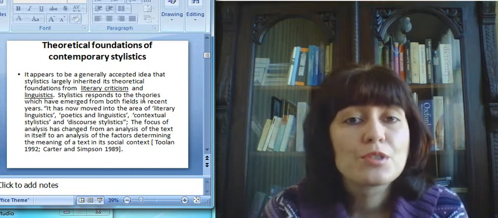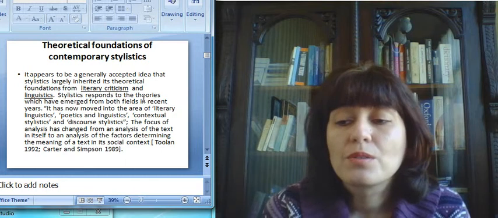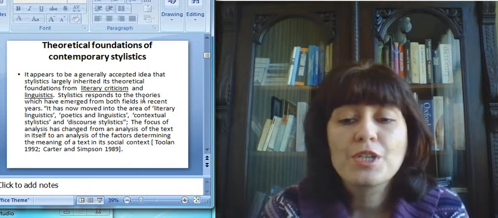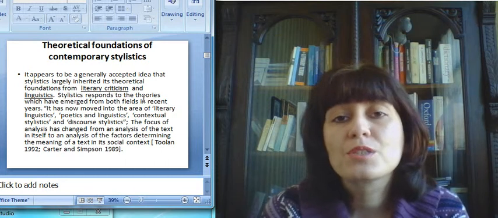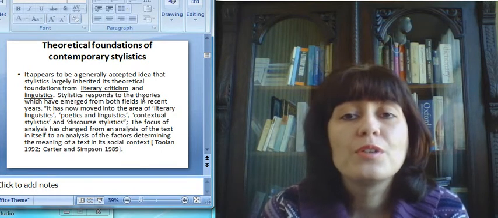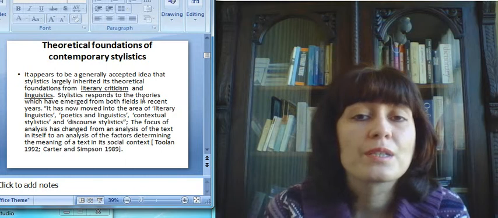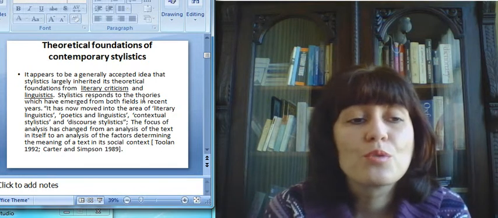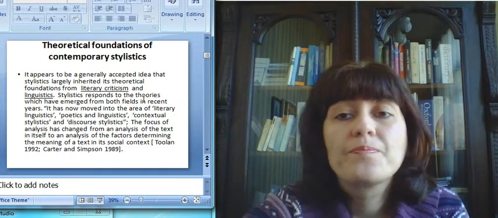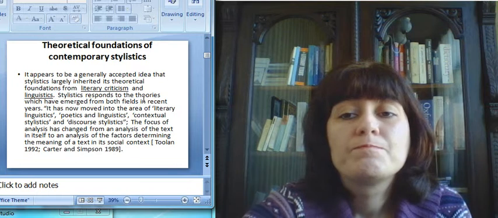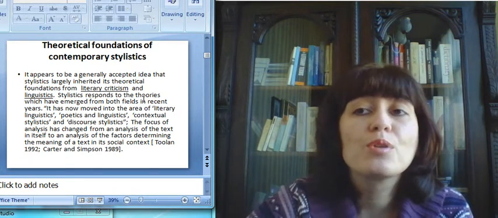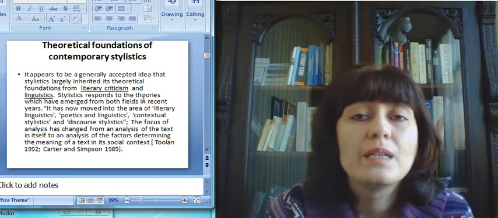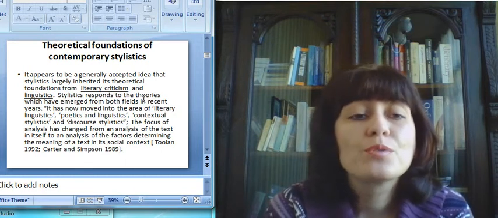It has now moved into the area of literary linguistics, poetics and linguistics, contextual stylistics, and discourse stylistics. So the focus of analysis has changed from an analysis of the text in itself to an analysis of the factors determining the meaning of a text in its social context.